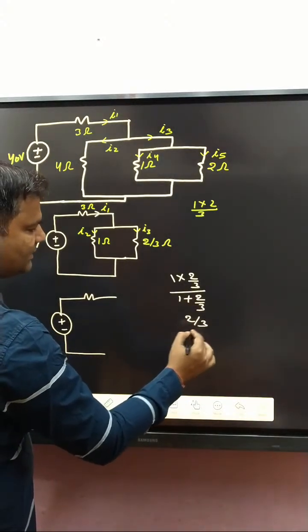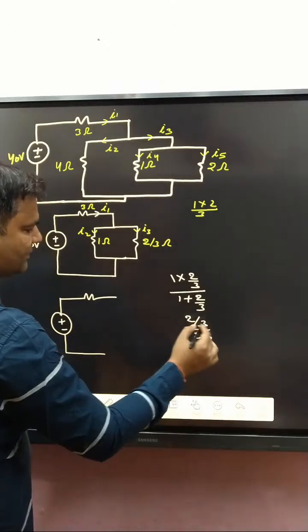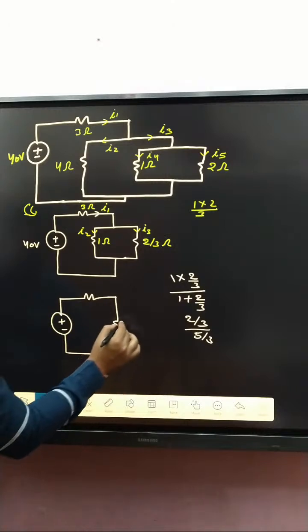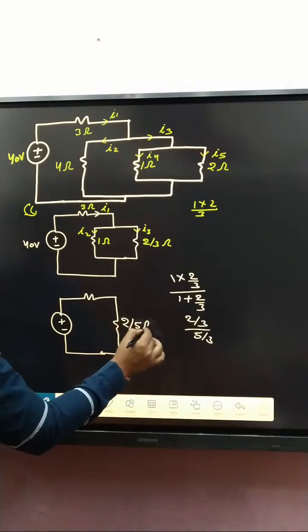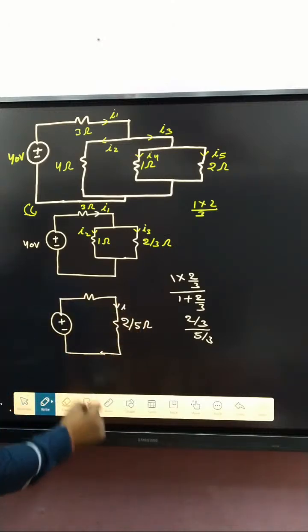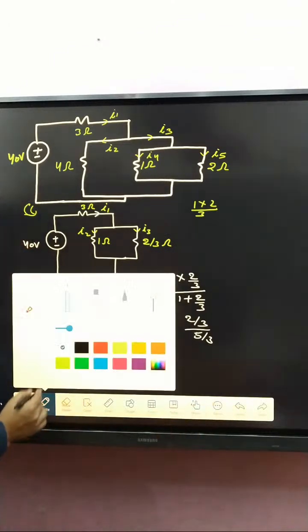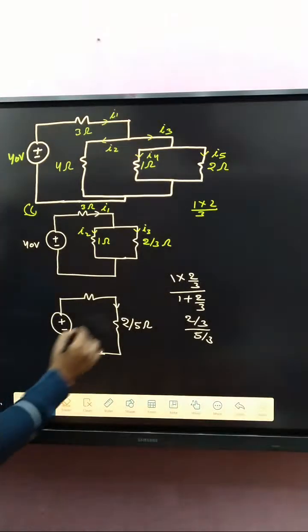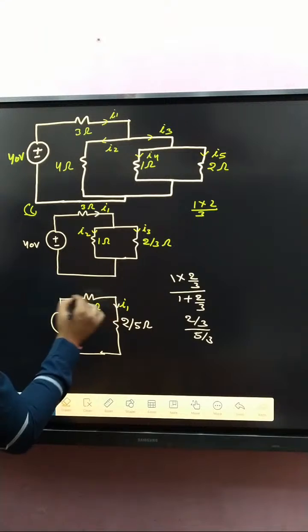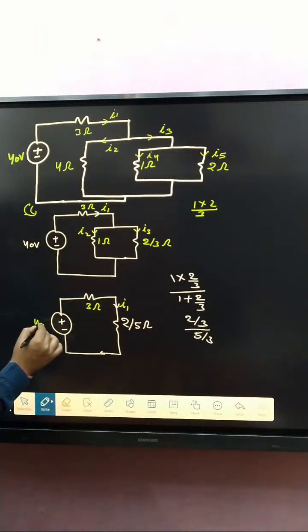So 2 by 3 divided by 5 by 3, so we got 2 by 5. So that one is how much? 2 by 5 ohm. And what about current in this branch? That is I1. Here I1, and that is 3 ohm. Here I1, and that is 40 volt.